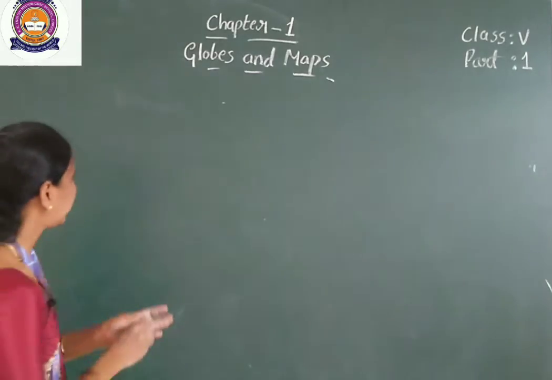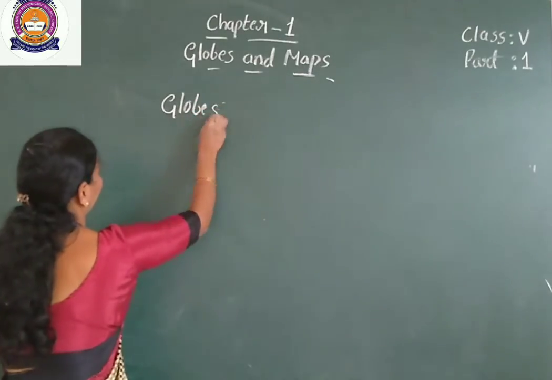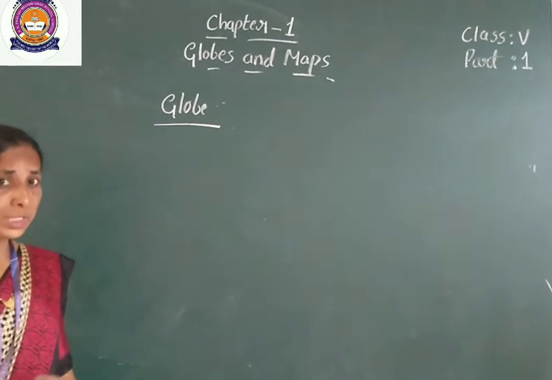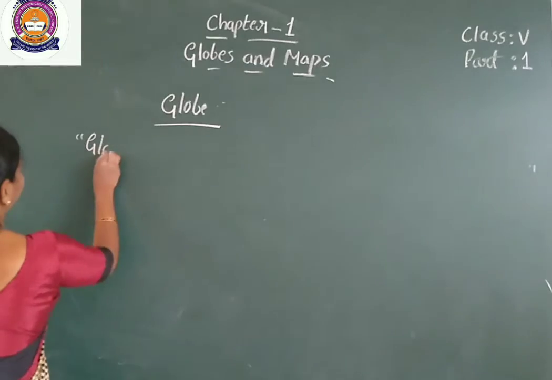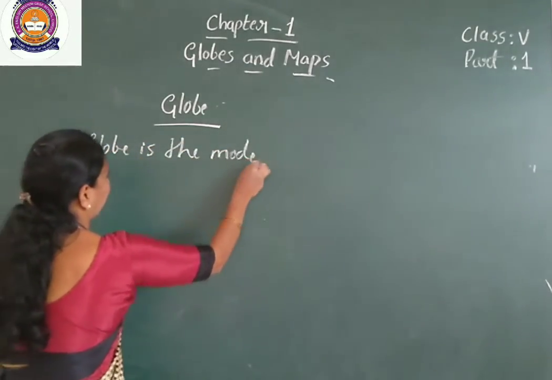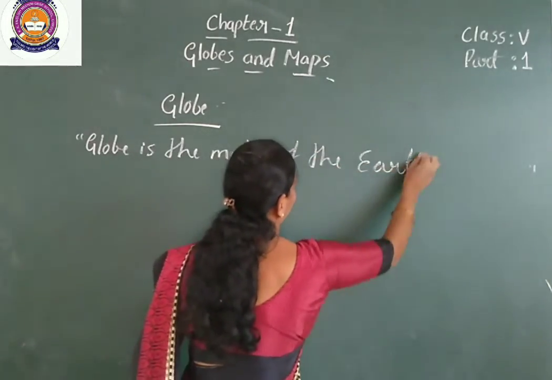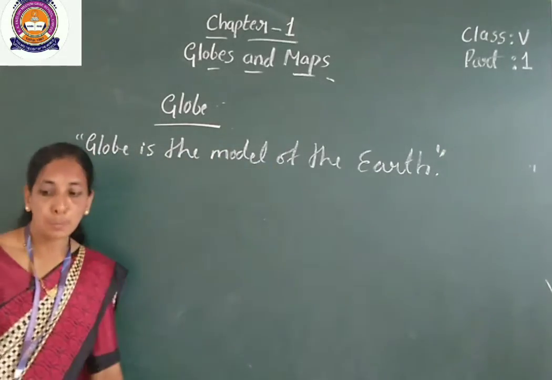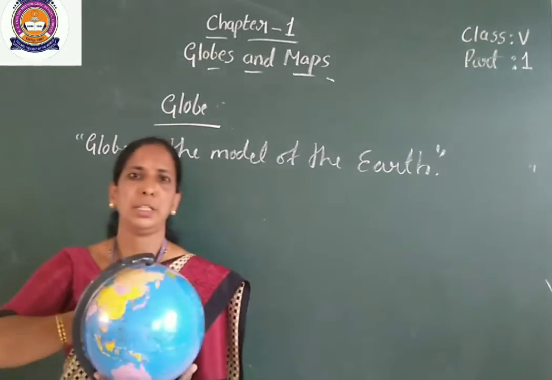The second content here is the globe. What is a globe? See here. A globe is a model of the earth, like this.